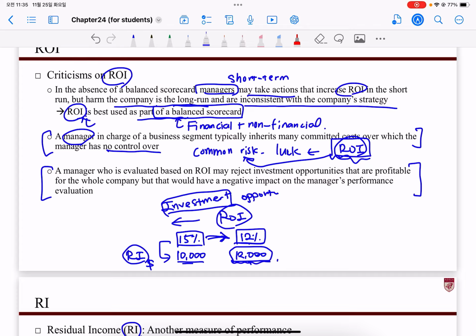So actually, in terms of dollar amount, you're doing better, so it is better off for you to take up the investment, right? So simply looking at the ratio, meaning the ROI, may not give you the right answer. So you have to see both the ratio and the dollar amount.